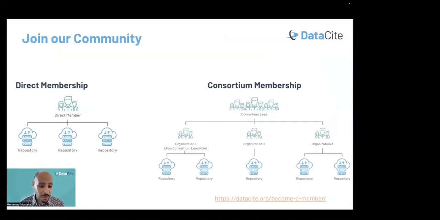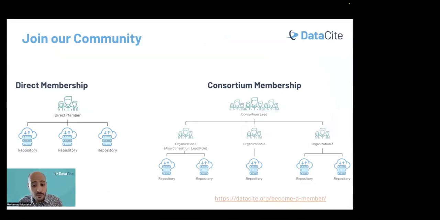I would like to invite all of you to join our community. So we have two options for that. There is direct membership. So if you have an institutional repository or two institutional repositories and you want to connect them with our infrastructure, register your research output and get DOIs, you can join as a direct member or through a consortium membership.